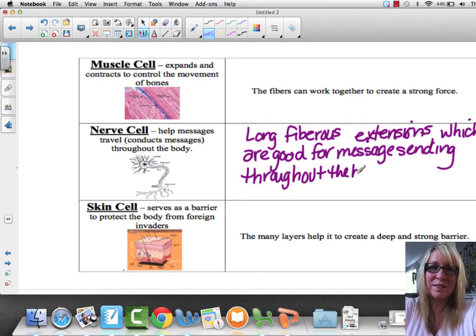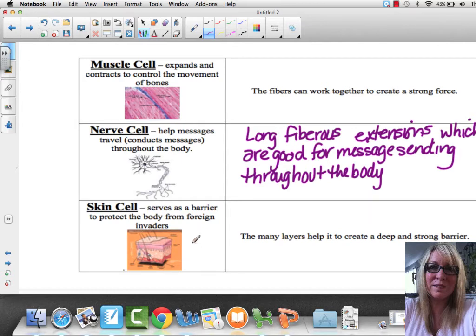And we'll talk about nerve cells more in another unit, but that's what nerve cells look like. And then you have skin cells. Serves as a barrier to protect the body from foreign invaders. And skin cells, as you can see here, have many layers to create a deep, strong barrier. So these are just 5 different types of cells.